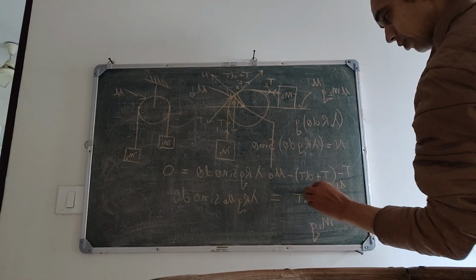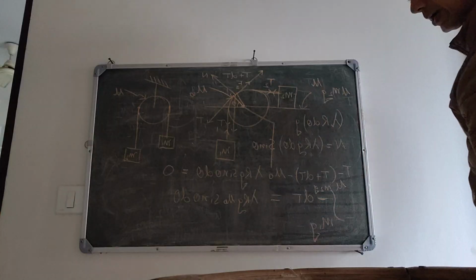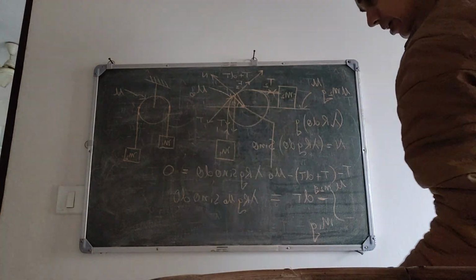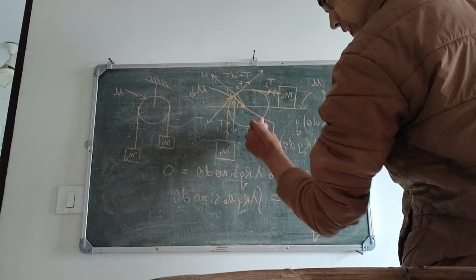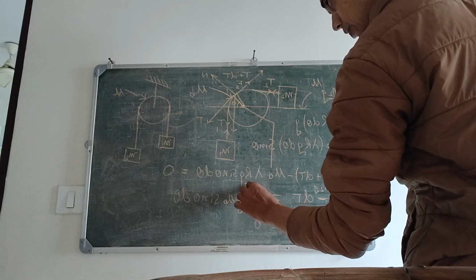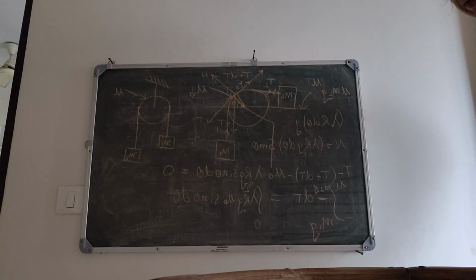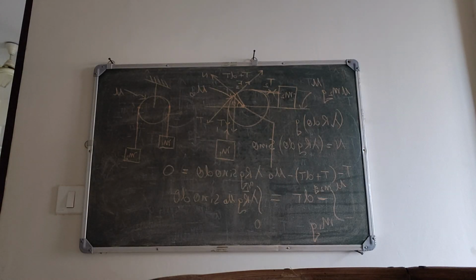I think this is clear to all of you. And the angle is to be varied from theta equal to 0 to theta equal to pi by 2. This is the variation of the angle, right?